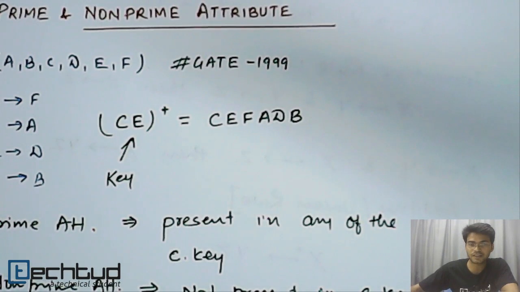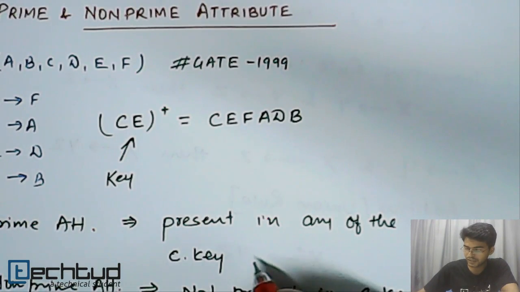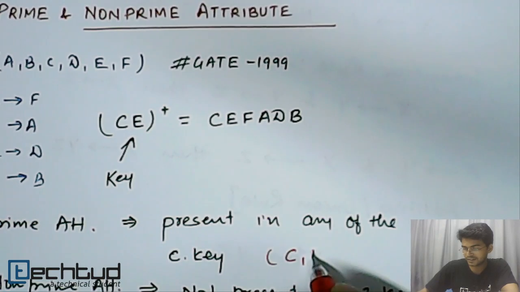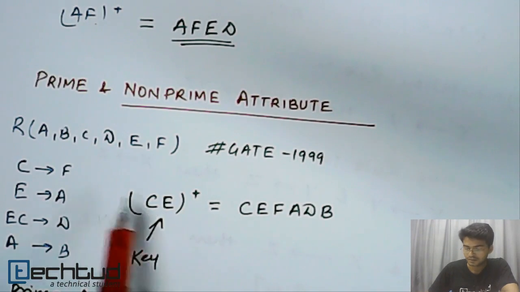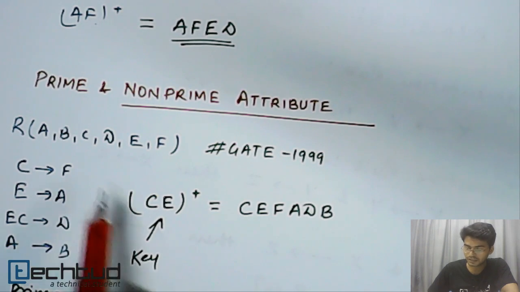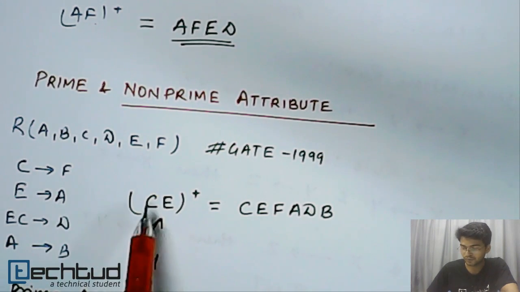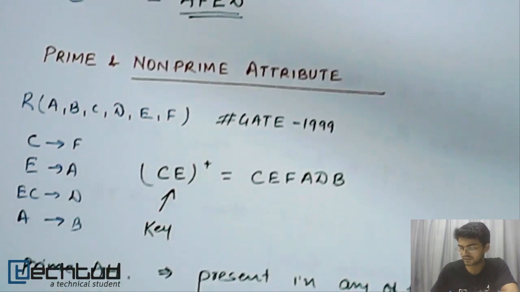For this particular relation we have prime attributes C and E, because C and E are present in the key of this relation, or the primary key of this relation.